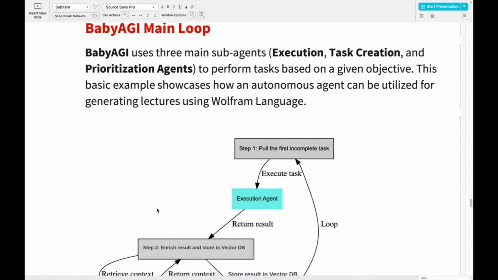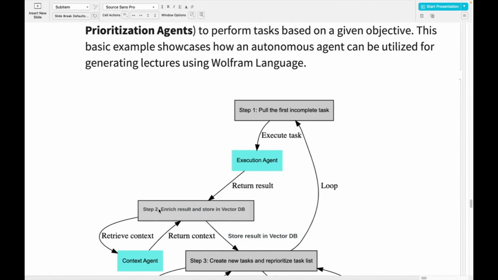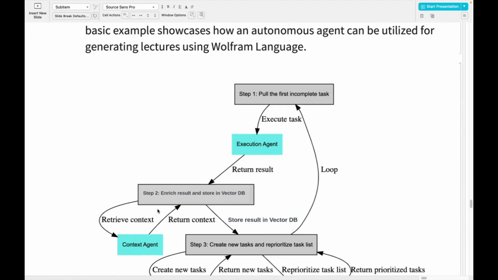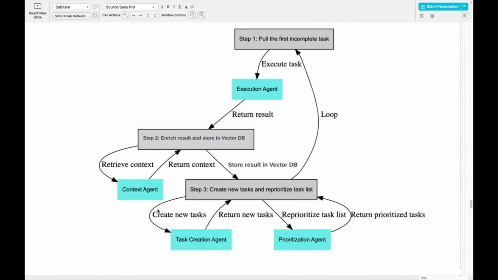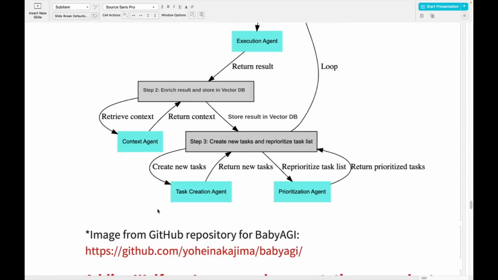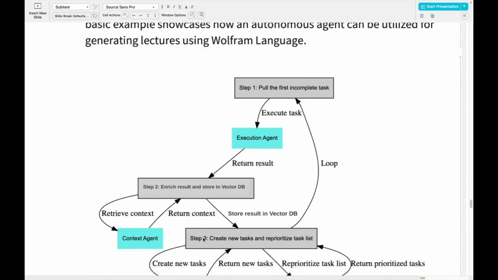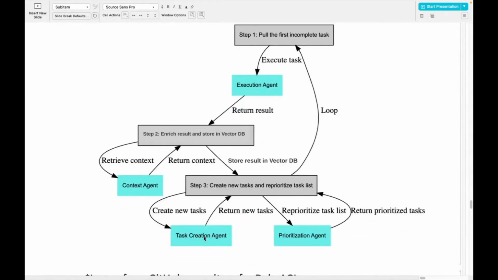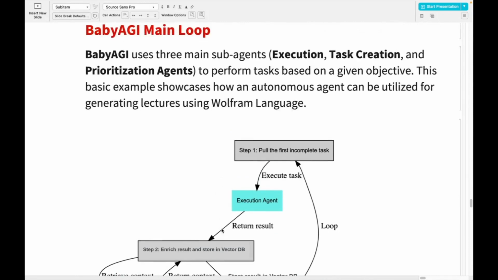Then there's a prioritization agent which will rank the relevance of the remaining tasks, based on the result of the execution. At the end, you will run it for several loops, and you will get a bunch of results. It's a quite easy way of running out of OpenAI credits. So just be careful with running this system.